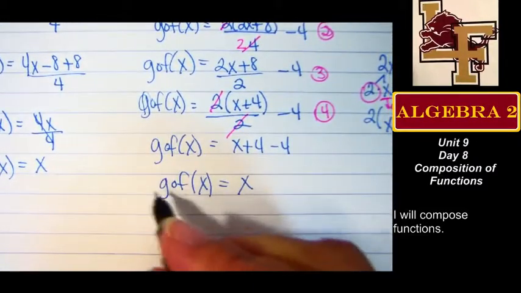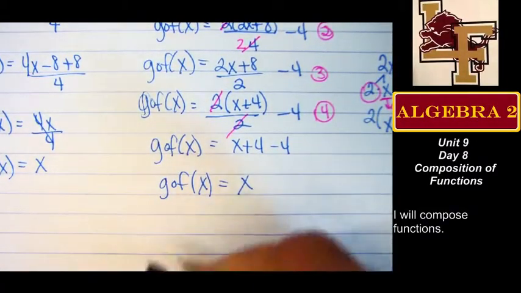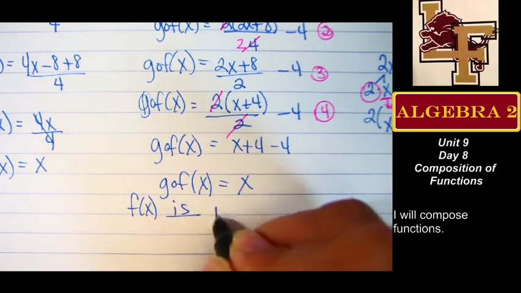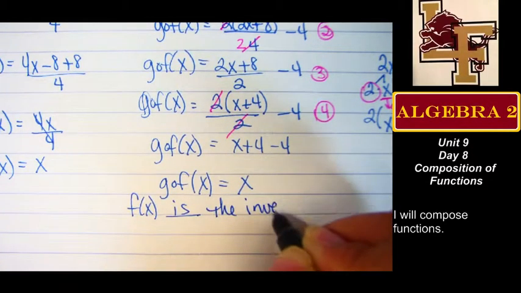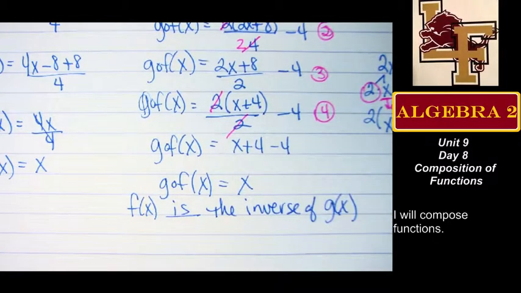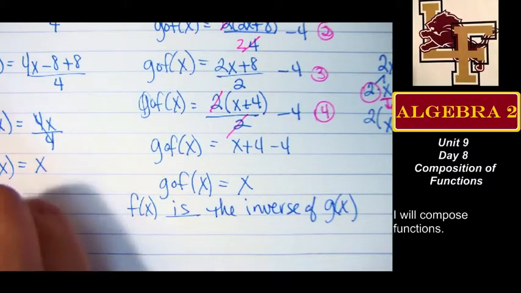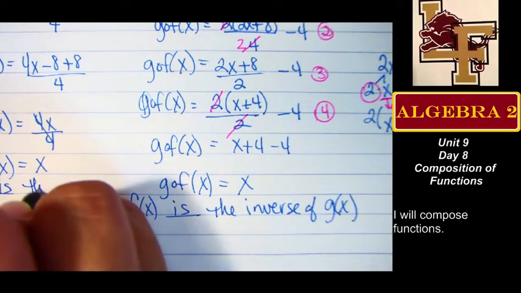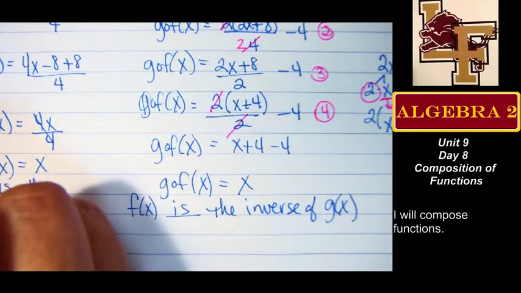All right, so here, because I shoved x into G, f into G, I can state that f of x is the inverse of G. And on the previous one, when I shoved G into x, it lets me say that G is the inverse of f.